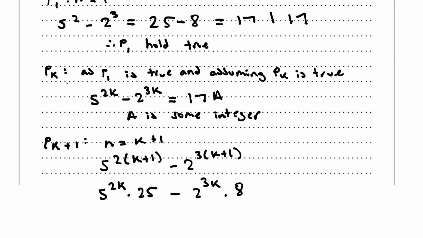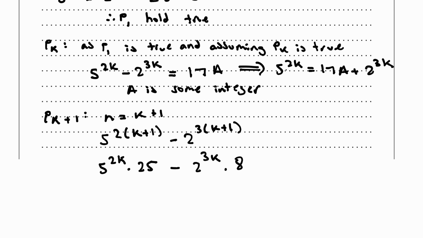Now look at the second step, the P(k) step. I said that 5 to the power of 2k minus 2 to the power of 3k is equal to 17A. Now what if I just rearrange this into something I can use? What if I say that 5 to the power of 2k is equal to 17A plus 2 to the power of 3k, right? Can I not say that? That is something that I proved earlier. So let's use that.